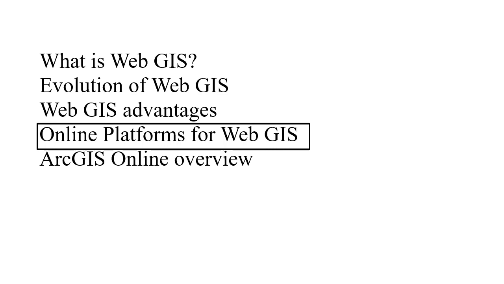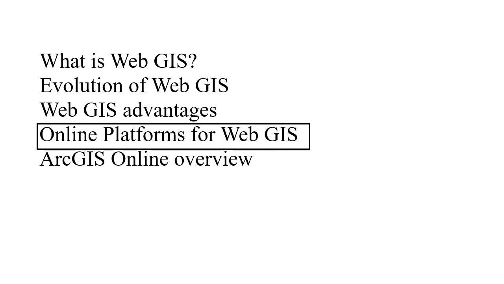And online platforms are many. If we talk about WebGIS, some platforms are freely available and some are paid. The paid WebGIS platforms are more advanced, and if you want to do some analysis, paid applications are very nice.